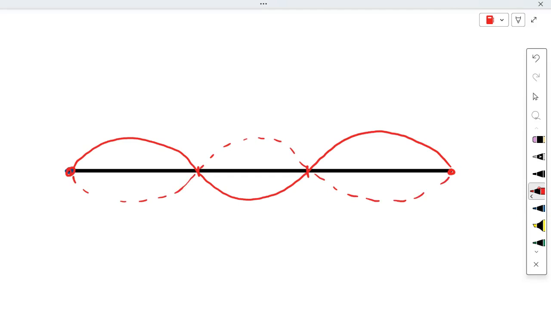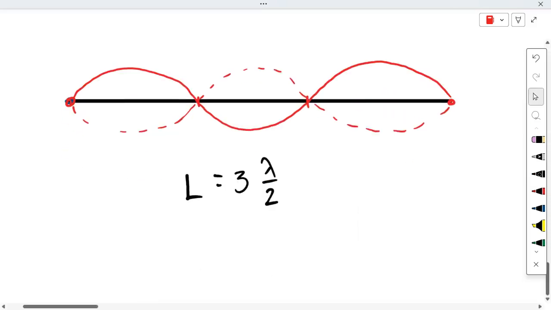If we relate the length of this string L to wavelength, can you tell that there are now 3 halves of a wavelength? Or that the wavelength is 2 lambda over 3? Did I do the algebra right? Nope, I didn't. 2L over 3. Yeah?